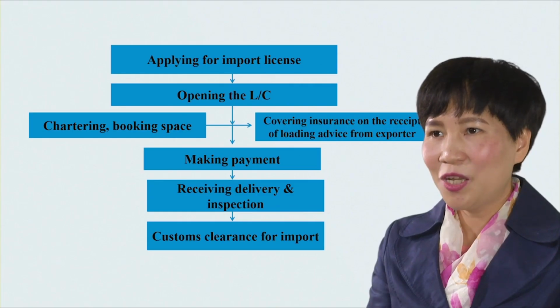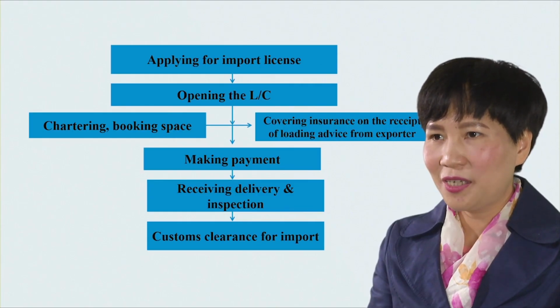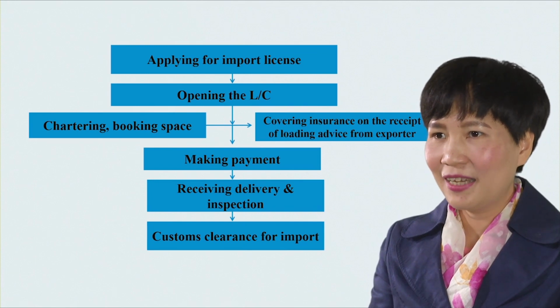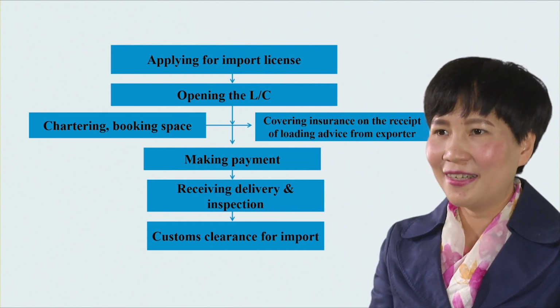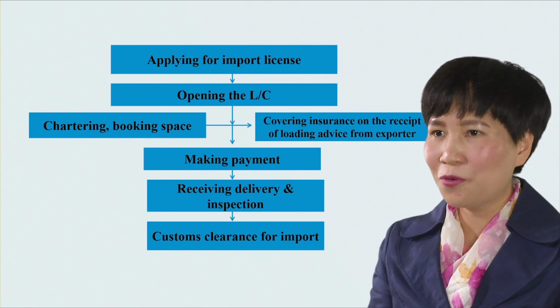After receiving the notice that the exporter has got the goods ready, the importer should charter or book shipping space with a carrier and give the exporter sufficient notice of the information, such as the name of the vessel, the name of the loading point, and the required delivery time so as to make smooth delivery without delay.